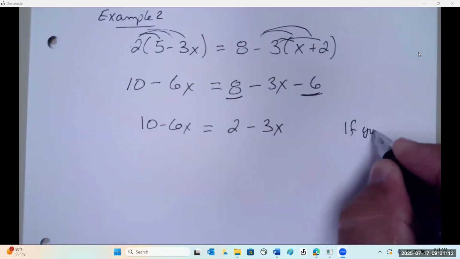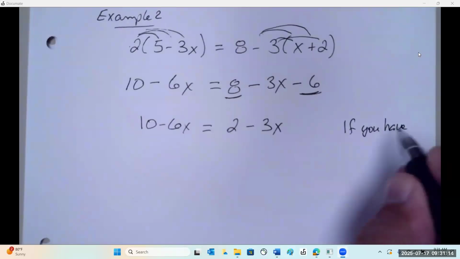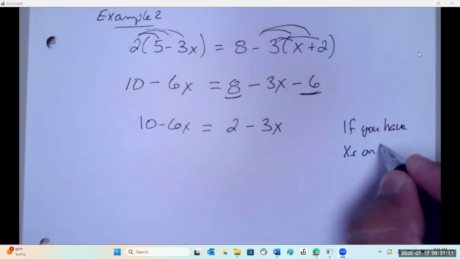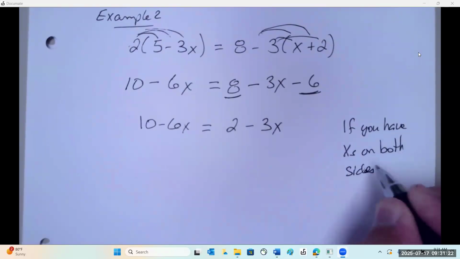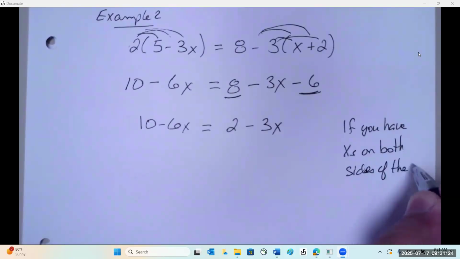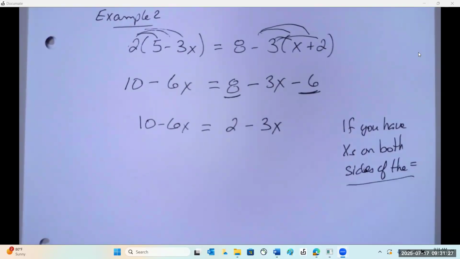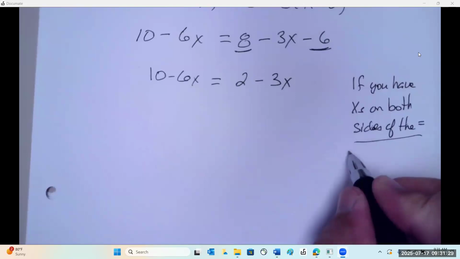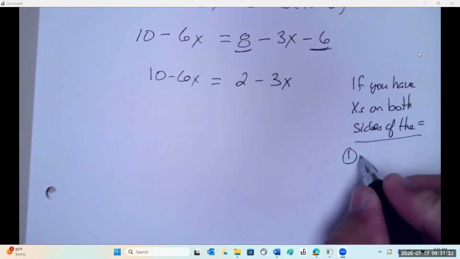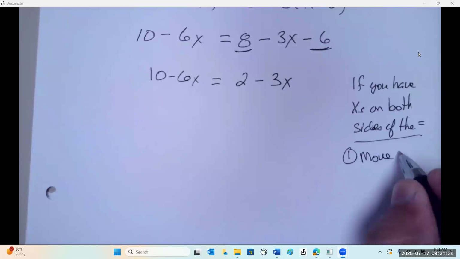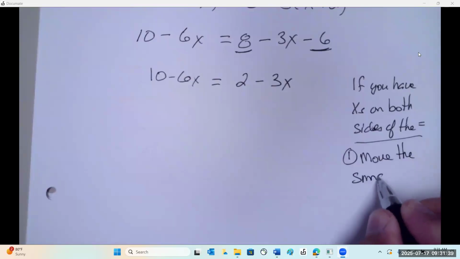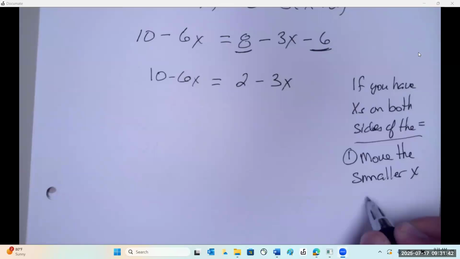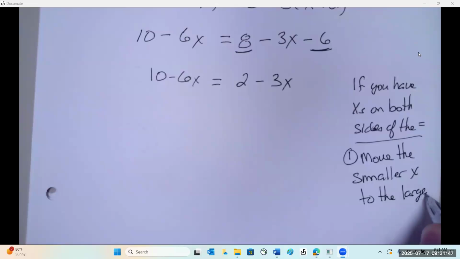If you have x's on both sides of the equal sign, move the smaller x to the larger x.